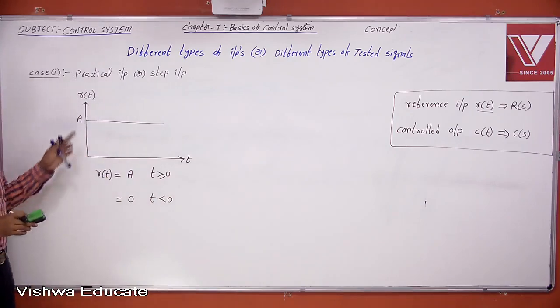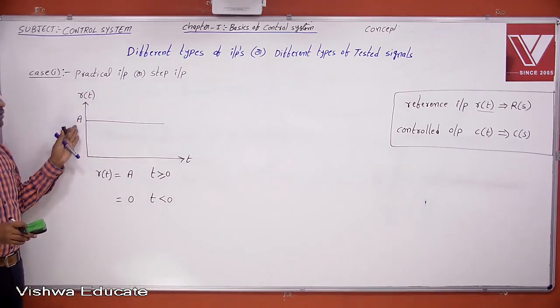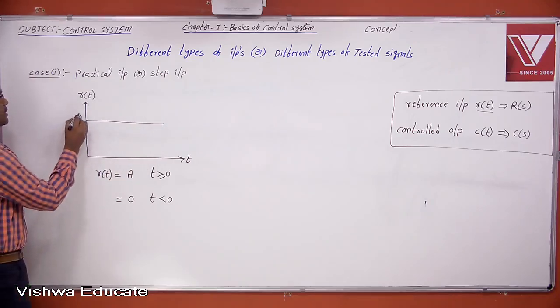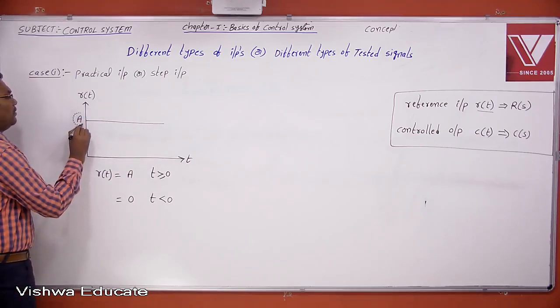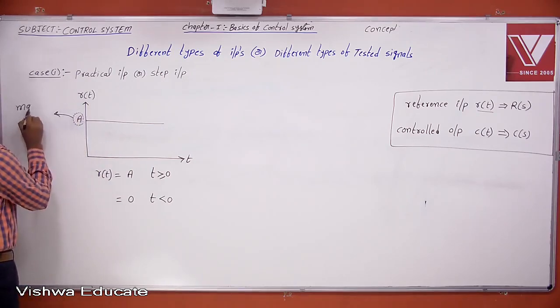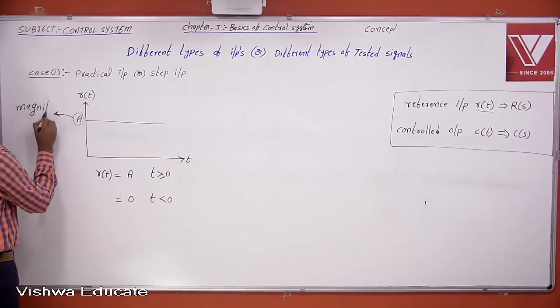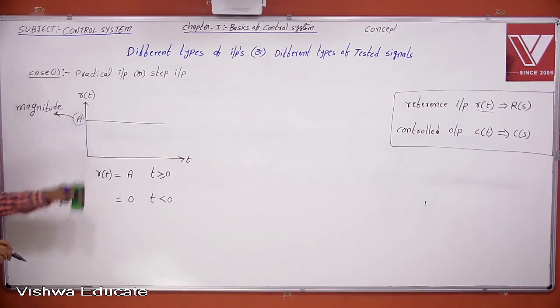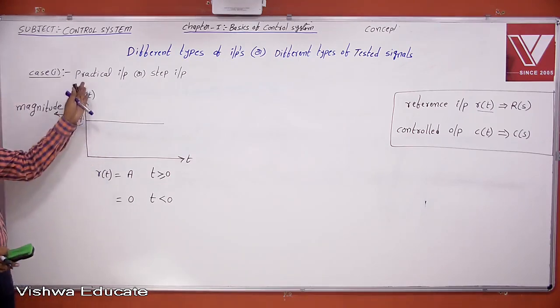When R of t equals A for all positive values of time, a constant, this A is nothing but magnitude or amplitude.